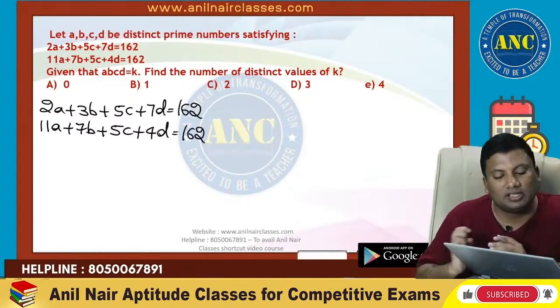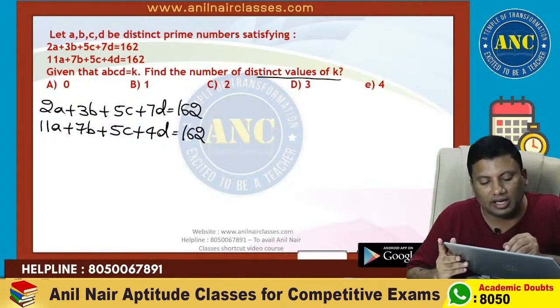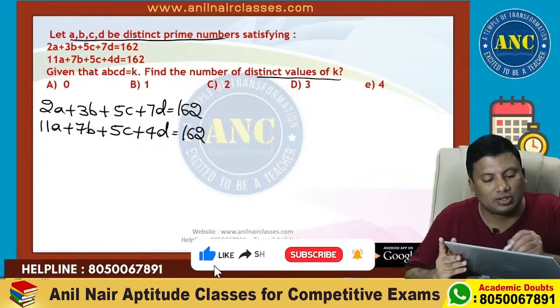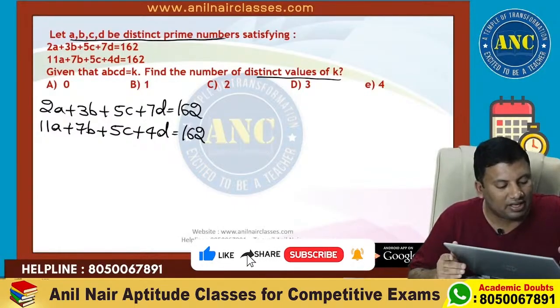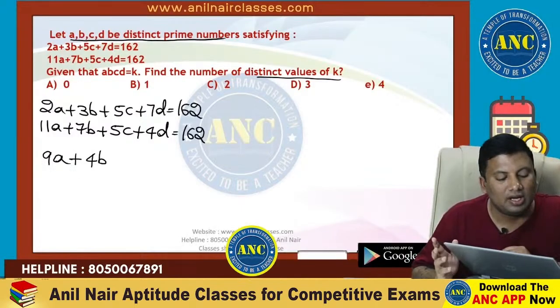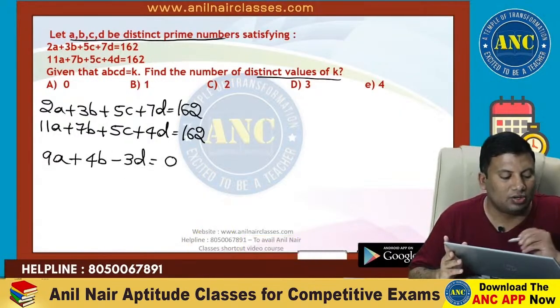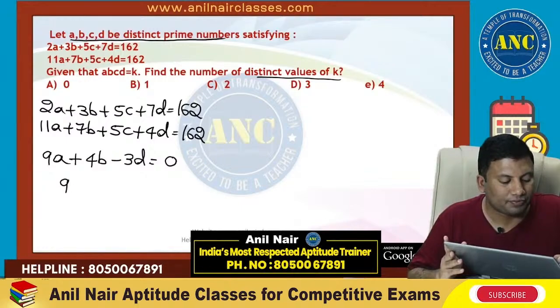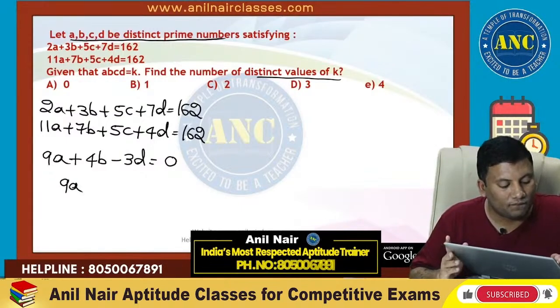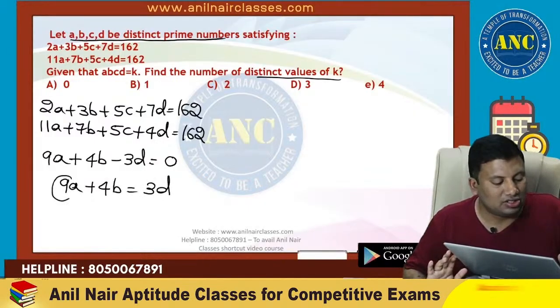Given that ABCD equals K, how many distinct values will K take? ABCD are distinct prime numbers. If I subtract, 11A minus 2A is 9A, 7B minus 3B is 4B, 4D minus 7D is minus 3D, equivalent to 0. So 9A plus 4B is nothing but 3D. Am I right? This is divisible by 3.